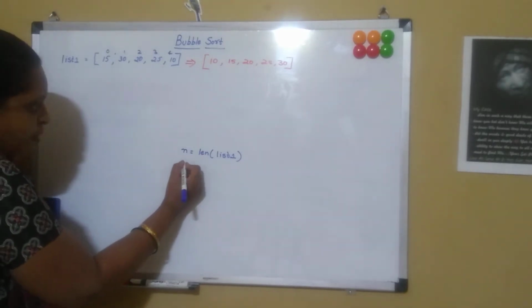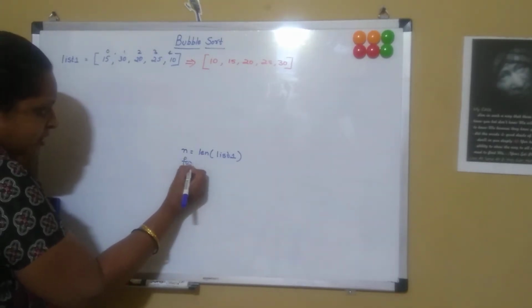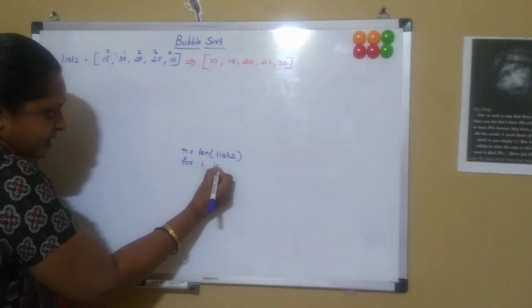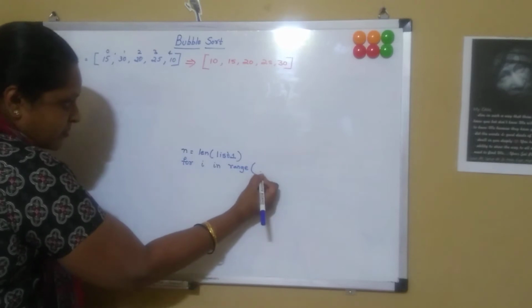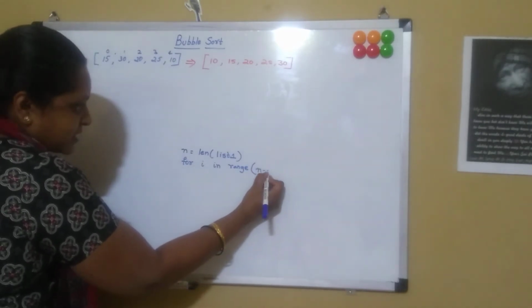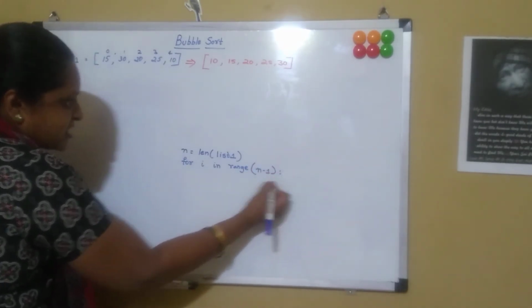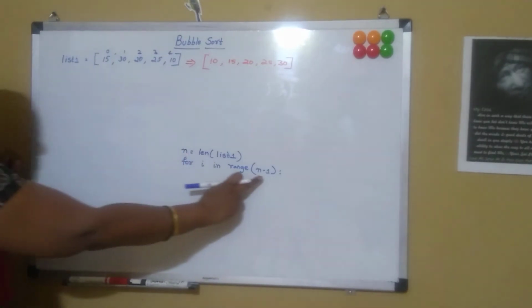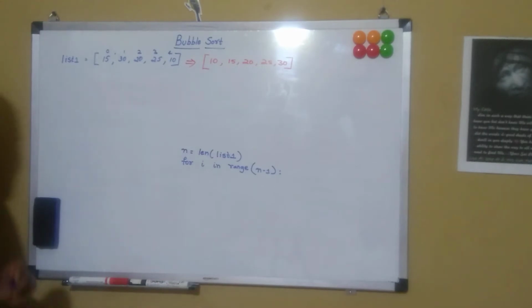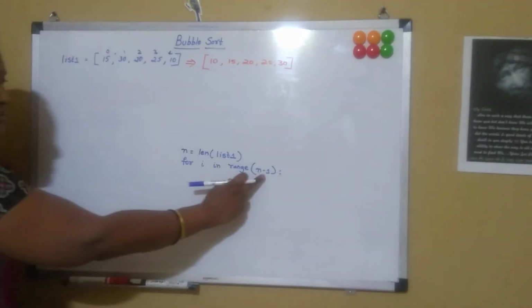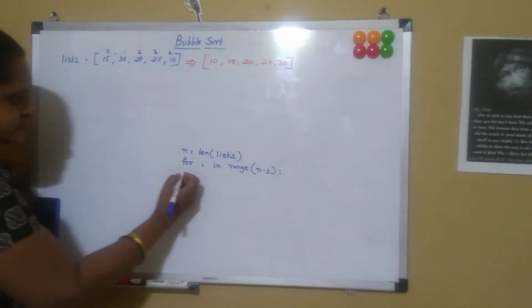Now let me give a for loop: for i in range n minus 1. Since there are 5 elements in the list, n minus 1 will have the value 4. So range of 4 will range from 0, 1, 2 and 3. It won't consider the fourth element.